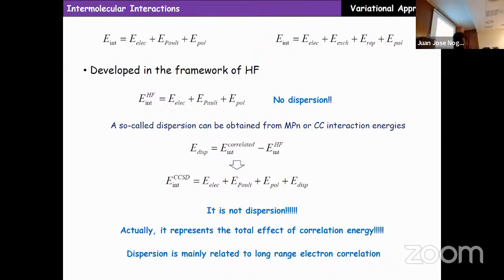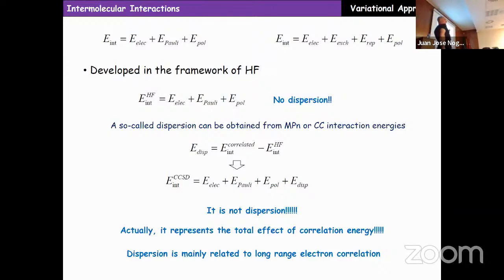Is this correct? No. Why is it not correct? Because, okay, dispersion energy is there, because we know that dispersion energy, long-range electron correlation, is well represented, for example, in MP2 or MP4 or CC methods.